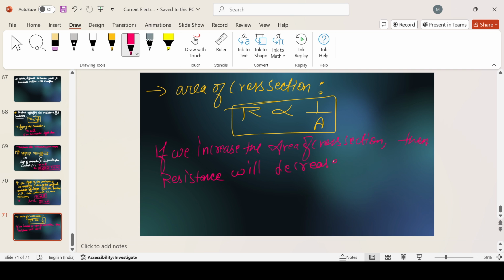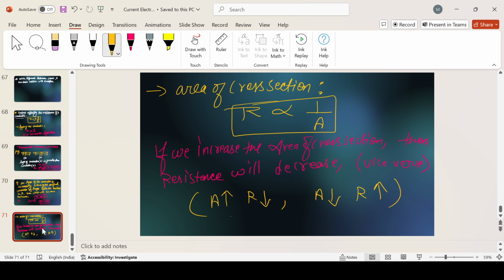And vice versa, meaning the opposite: if you decrease the area of cross section, resistance will increase. Yes or no? So if you increase the area, resistance will decrease. If you decrease the area, resistance will increase.